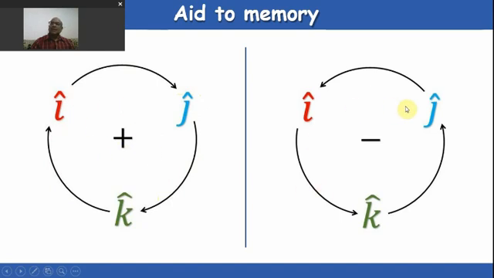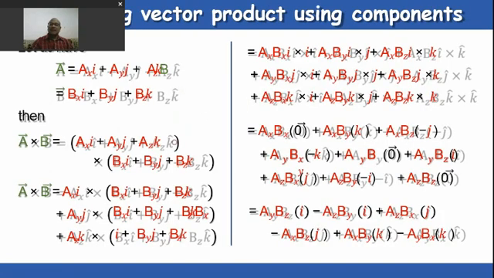But if it is in the opposite direction, in the same manner, i, j, k, multiplying j cross i gives minus k, and multiplying k cross j gives minus i. So I think with this information, it is very easy.